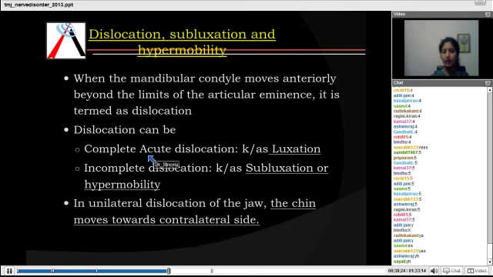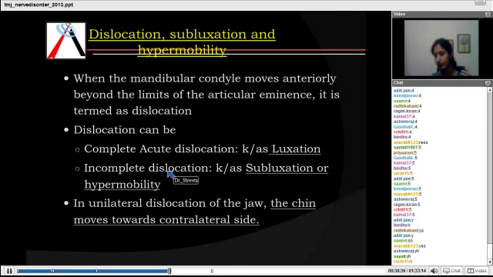Now, when it's a complete acute dislocation, it is also known as luxation. But if the dislocation is not complete, that means if it has not gone completely beyond the articular eminence, it has not completely gone across the speed breaker. If this is your articular eminence and this is your condyle, in a subluxation your condyle may have gone just till here or till here.